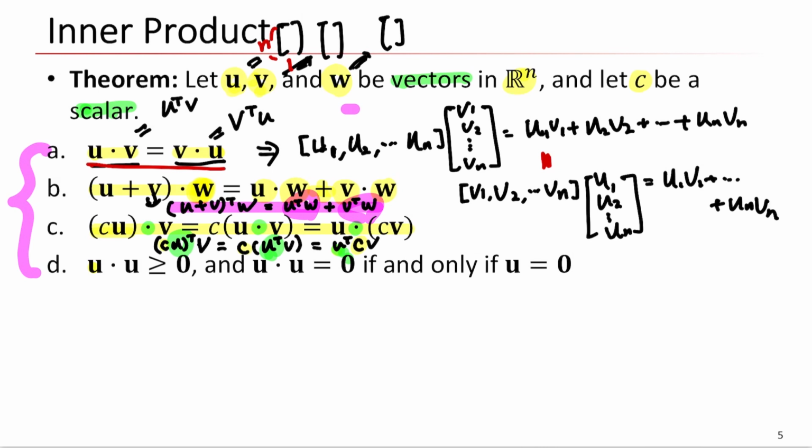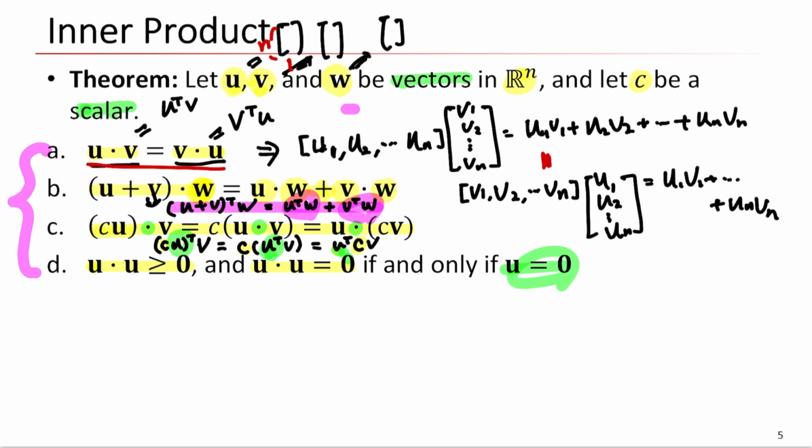And the inner product of u and u is larger than or equal to 0, and the inner product of u and u is equal to 0 if and only if u is equal to 0.